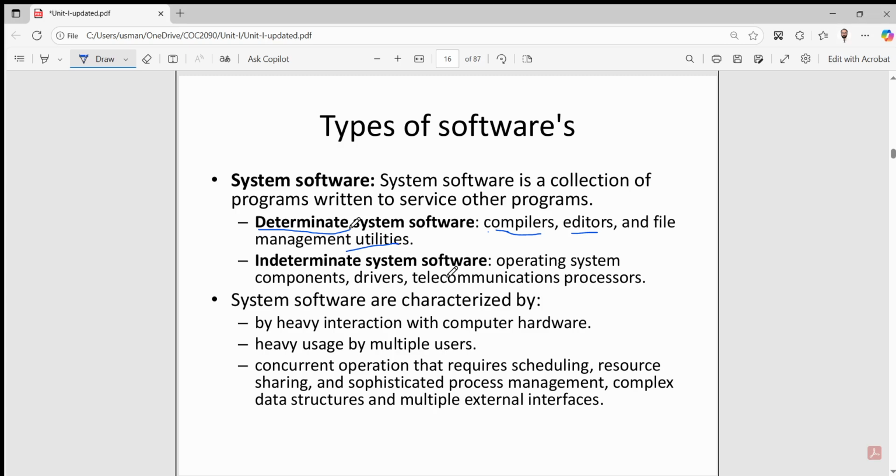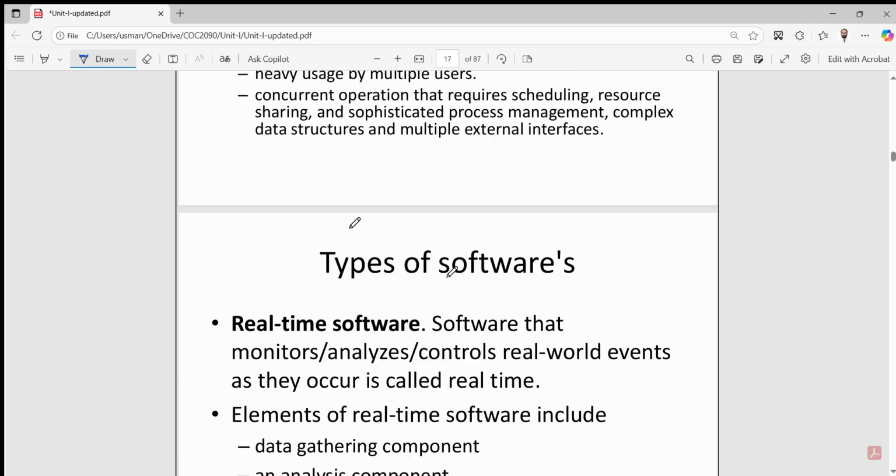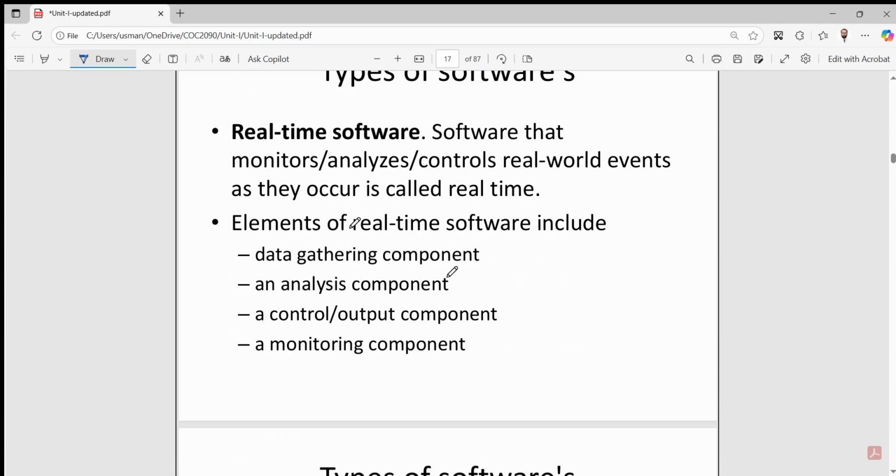The next is real-time software. Real-time software is software that monitors, analyzes, and controls real-world events as they occur in real time. That means if a system is designed for a military missile system, the system will monitor the situation, and as per the situation, the missile has to trigger.